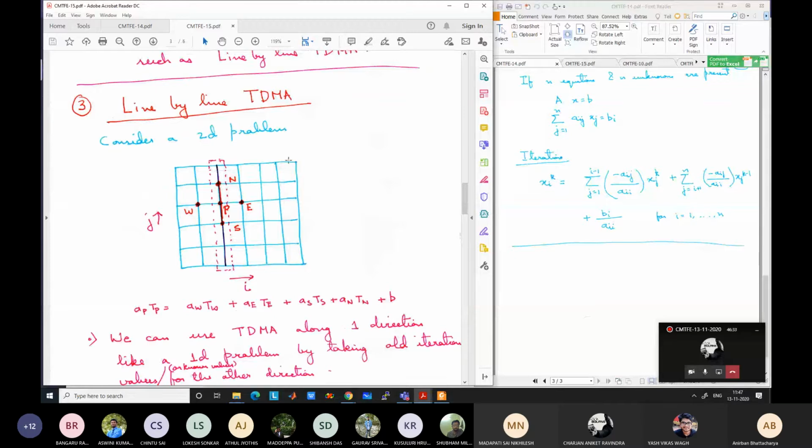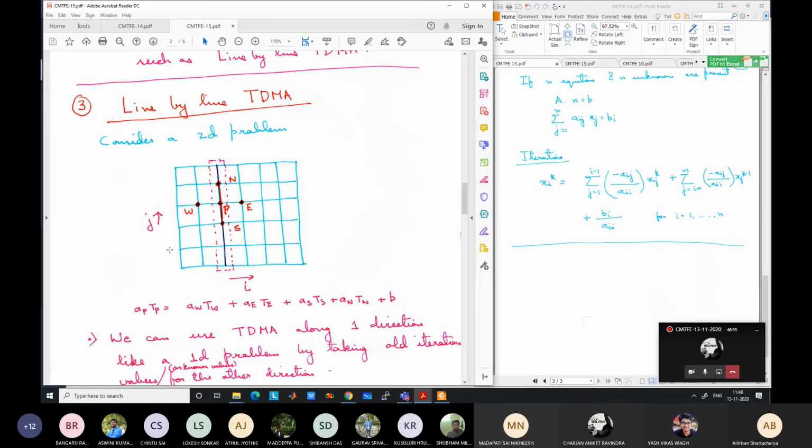Say you have a 2D domain and you have created a mesh or a discretized grid along the x and y direction. For this type of method you need a structured grid.